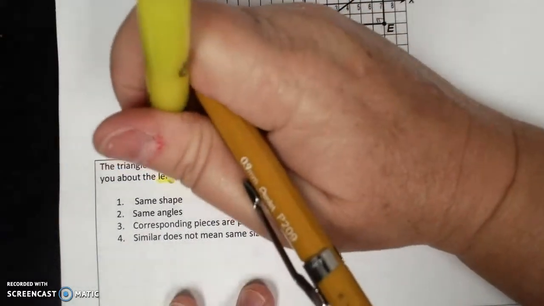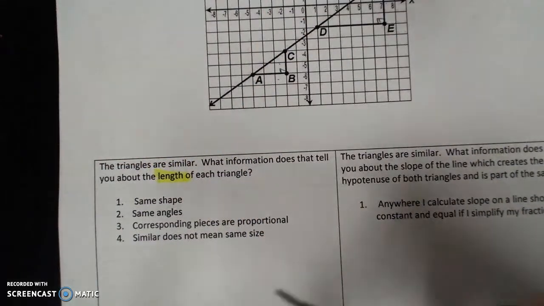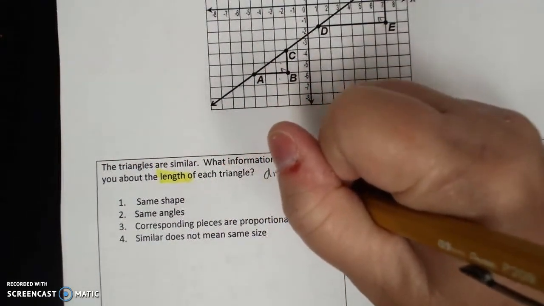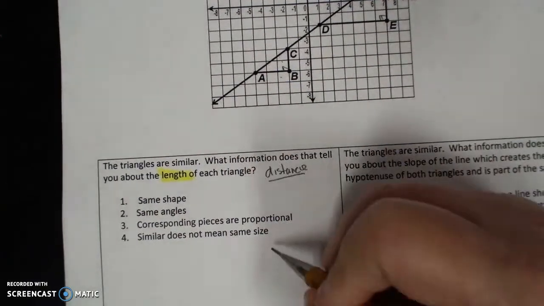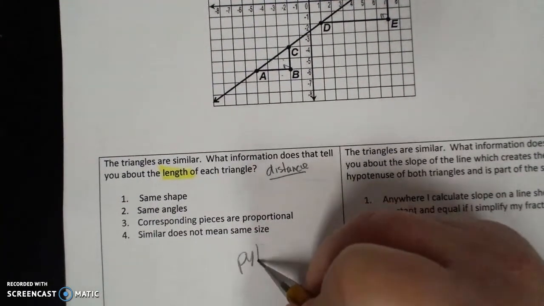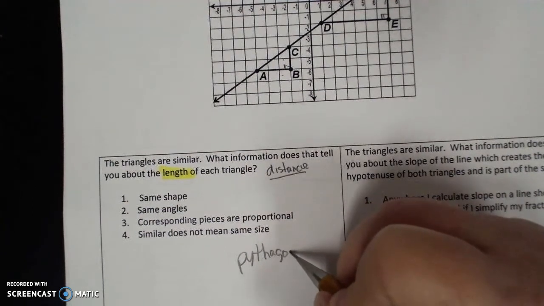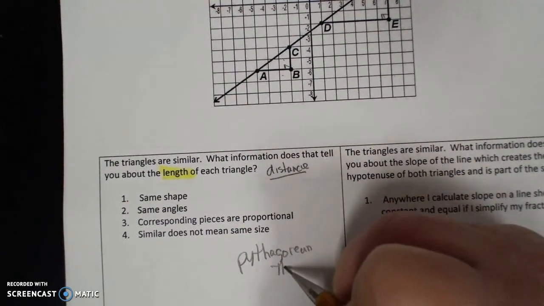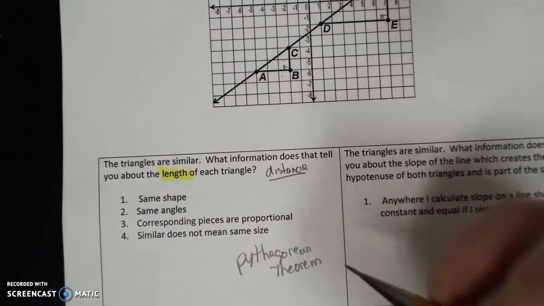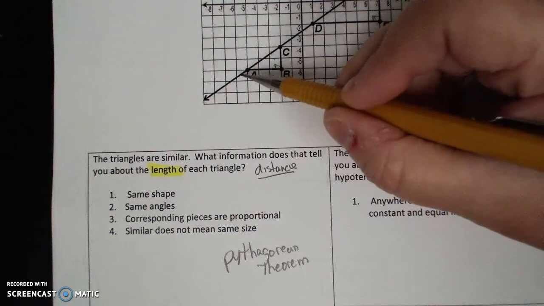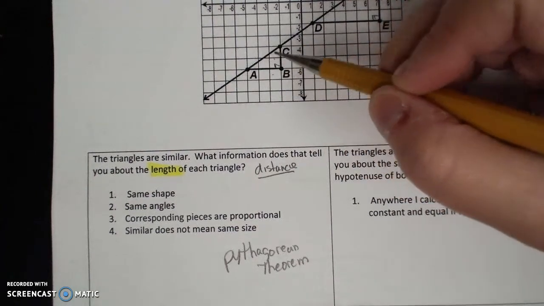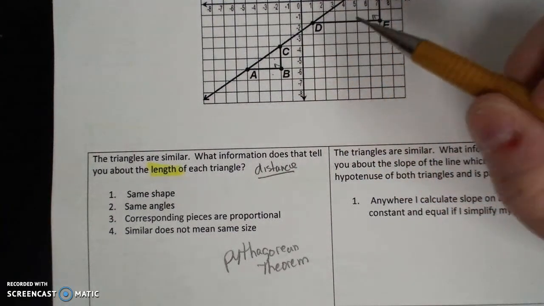Okay, so length, or the word distance, is the tip-off that this is a Pythagorean theorem problem. Okay, and that's when you would find the length of the hypotenuse using a squared plus b squared equals c squared.